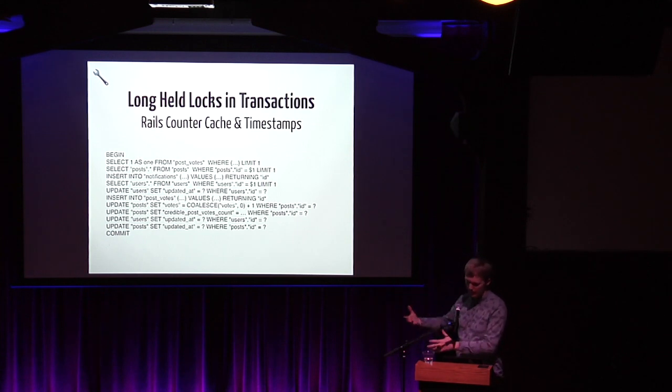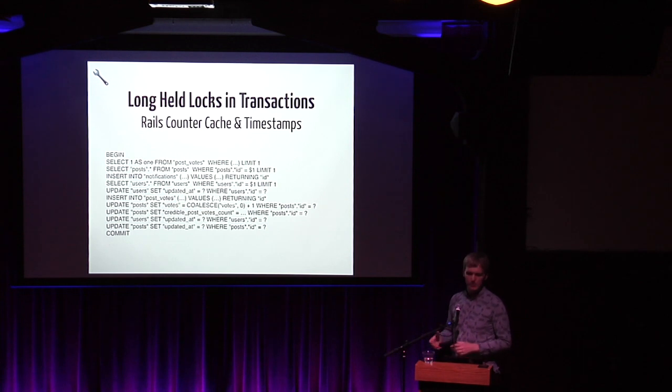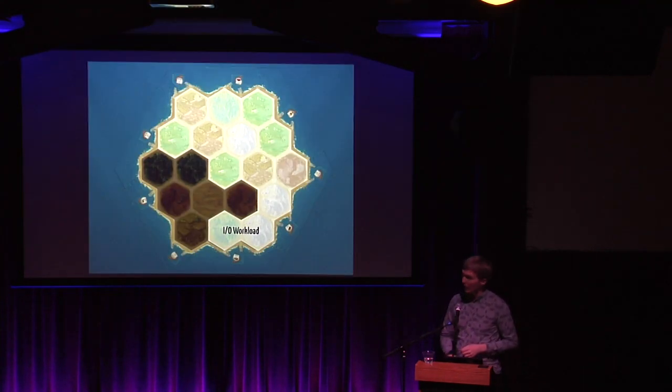Ruby is not always the fastest, right? So this is essentially something that takes multiple hundreds of milliseconds, maybe multiple seconds. All whilst, for example, the update, the update user set updated_at here, holds a lock on that row. And that's a pattern that Rails very often has. And that means that you will see lock contention around particular rows.